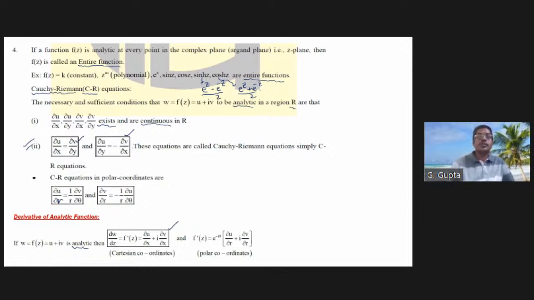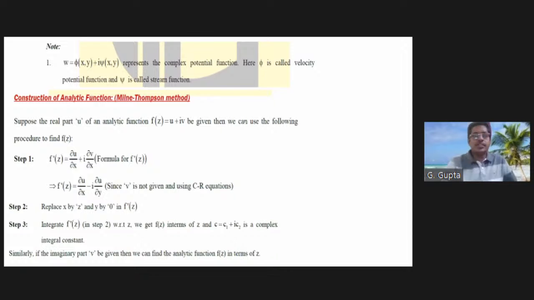Now, in fluid mechanics, and for technical subjects like electrical and AC also, instead of f of z is equal to u plus iv, they have given w is equal to phi of x comma y plus i times psi of x comma y, instead of u of x comma y, v of x comma y, which represents the complex potential function.